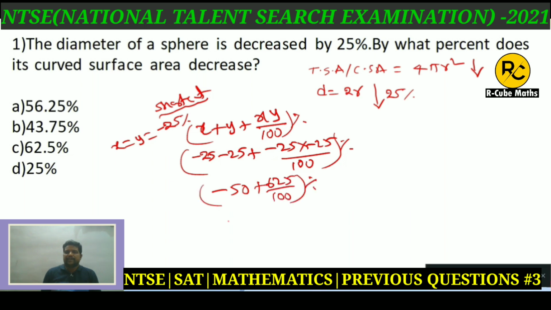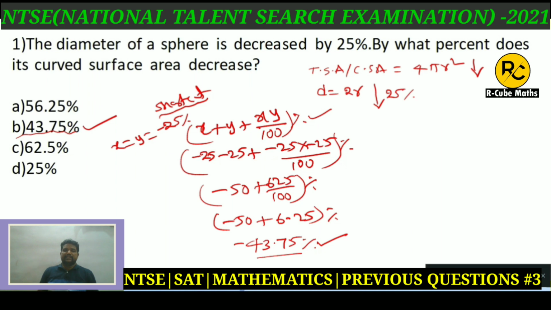So we get minus 50 plus 6.25, which means minus 43.75%. So minus indicates decrease. So 43.75% is the right answer. Option B is the right answer. Remember this formula. By using this formula, we can find the solution within a minute.